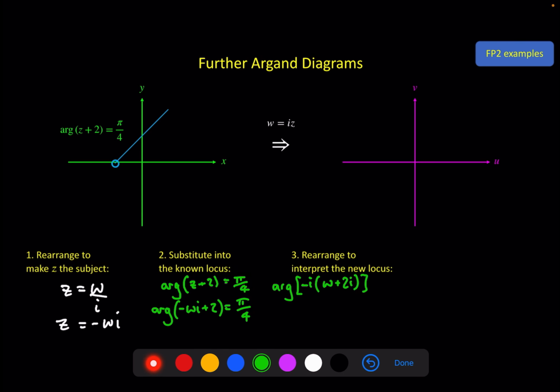But why do that? How does that help? That helps because here we've now got the argument of one complex number, minus i, times another complex number, w plus 2i, and we know the argument of two complex numbers multiplied can be rewritten as the argument of the first one plus the argument of the second one.